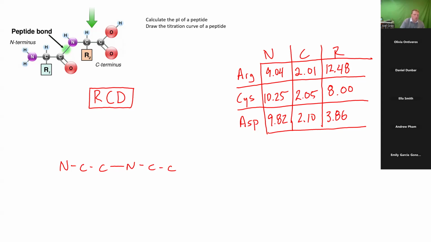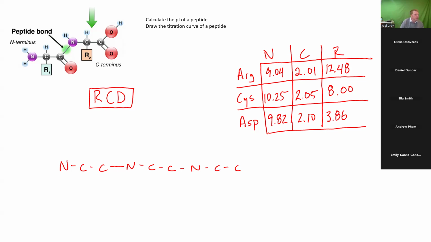Can you give me a two in the chat if you follow that? Okay. And then NCC. Can you give me a five in the chat if you follow that? Okay. So that is the backbone for my tripeptide here.